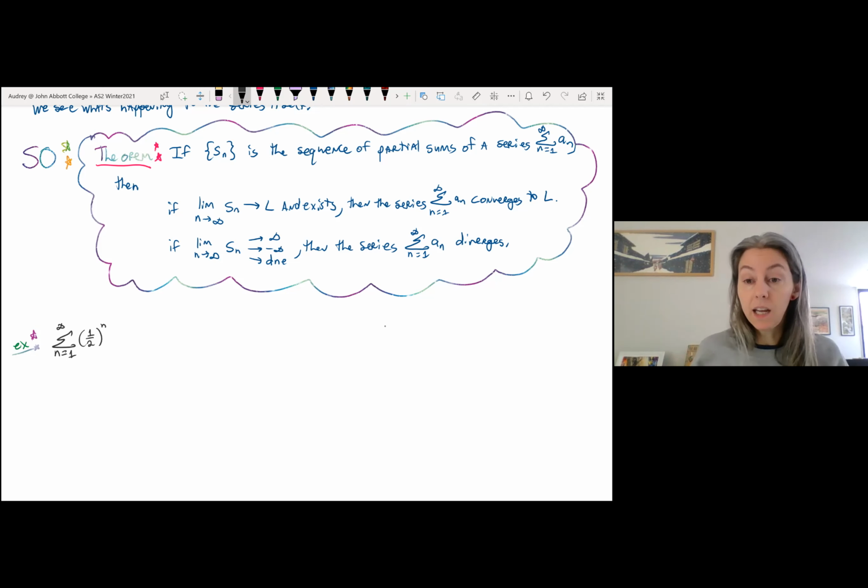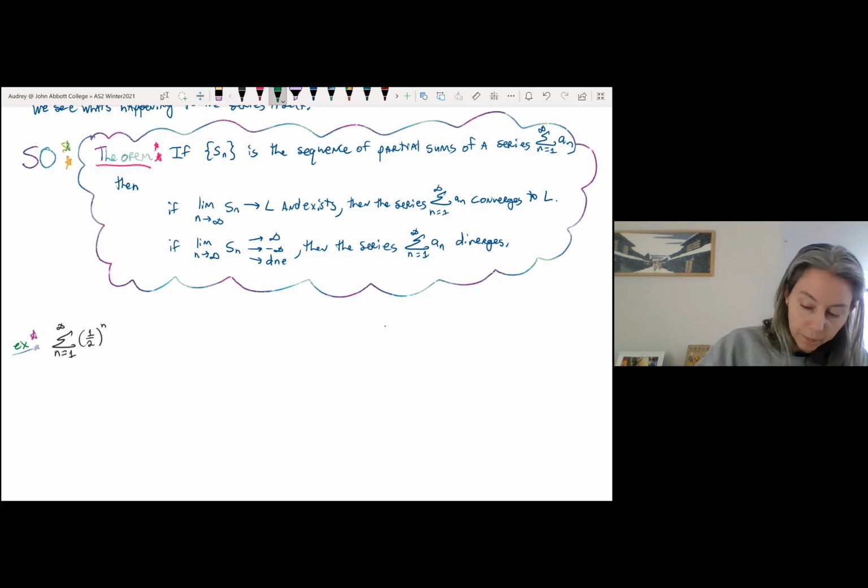My S sub 1 would be the sum from n equals 1 to 1 of 1/2 to the n, which is just 1/2.